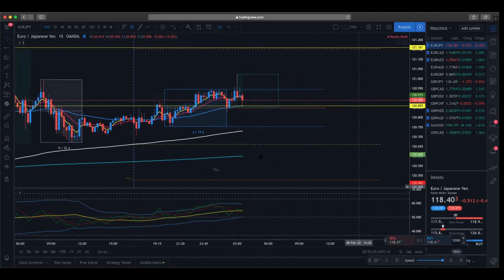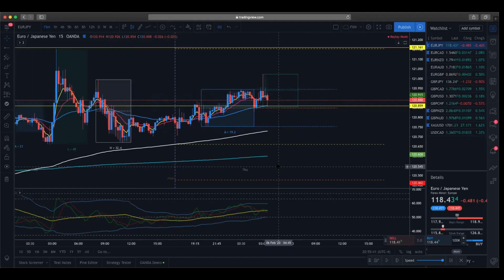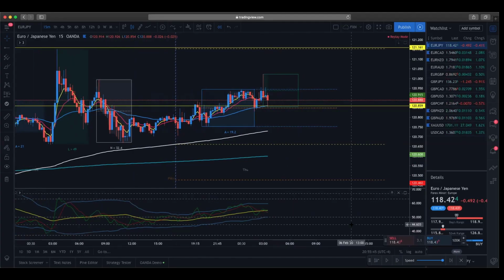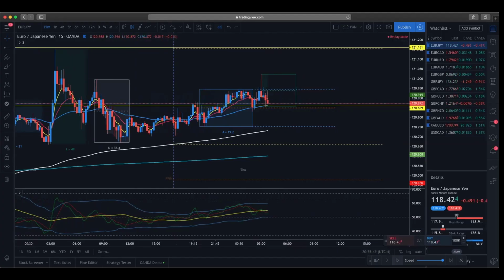So do you think this is a trade you would take, or are you going to wait and see what happens for a better entry? It's already right at the crossover. I'd wait for the crossover.